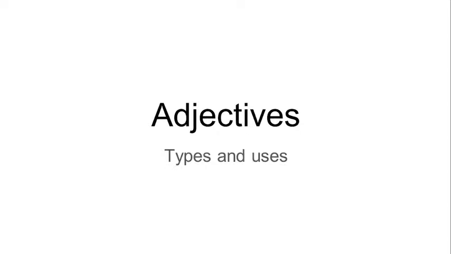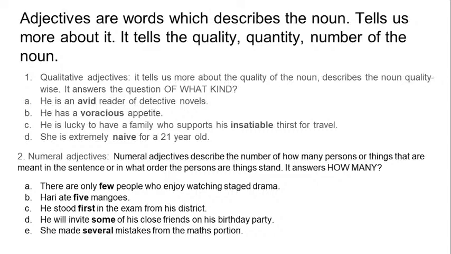So let's get started. Adjectives are words which describe the noun. They tell us more about the noun. They might be related to quality, they might be related to quantity, the number of the noun, any more detail which you get in the sentence. They are all adjectives.